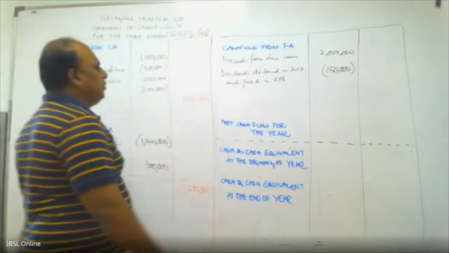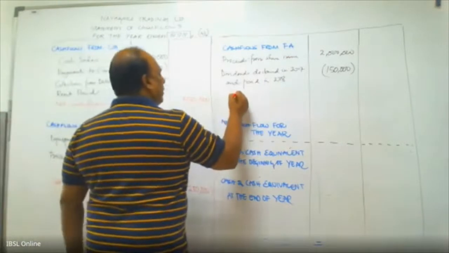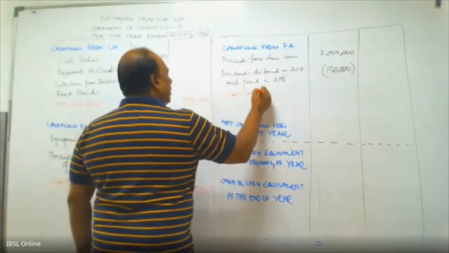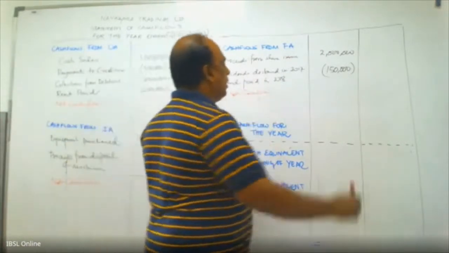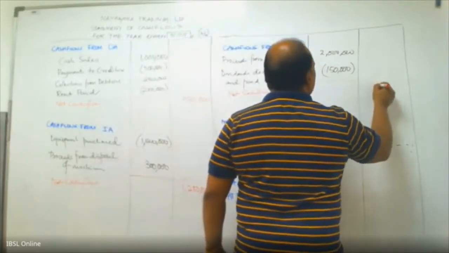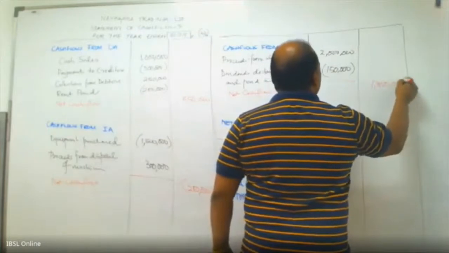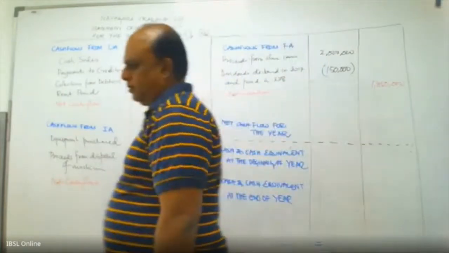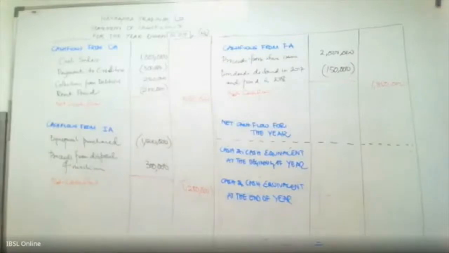And here also net cash flow, that will be 1,850. Am I correct? Yes, sir. Right. Now you have to take the total.